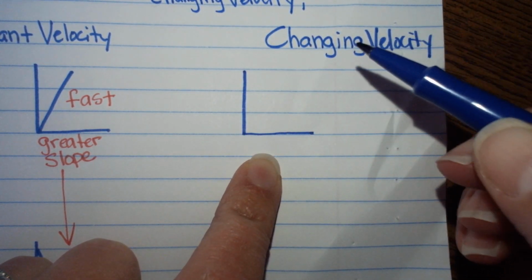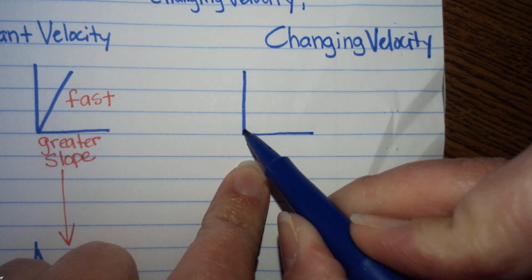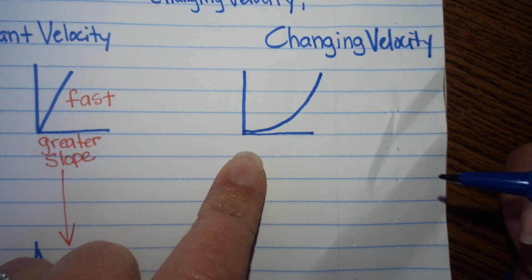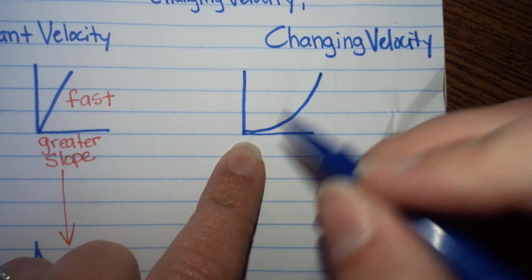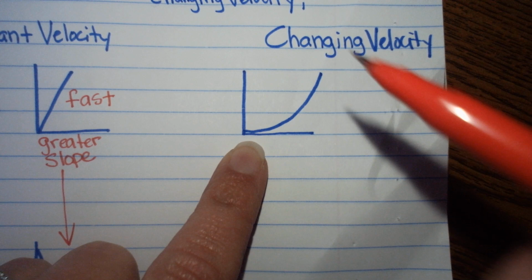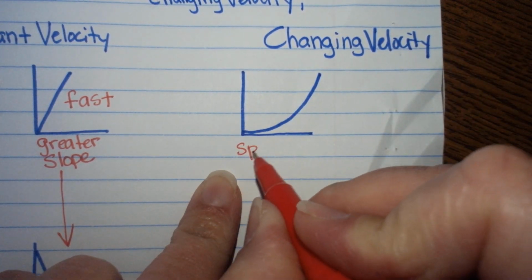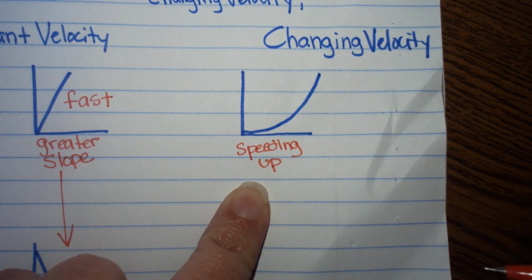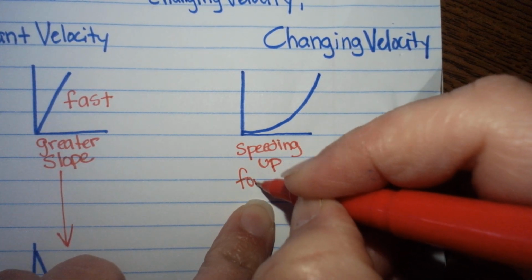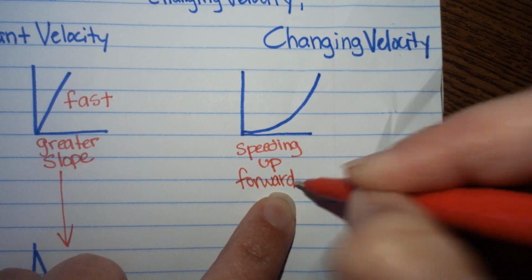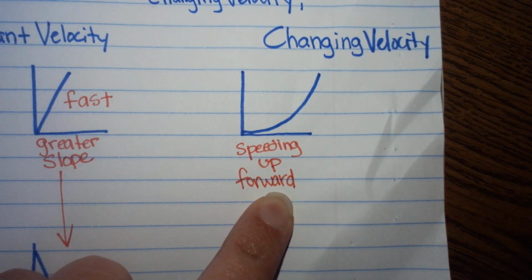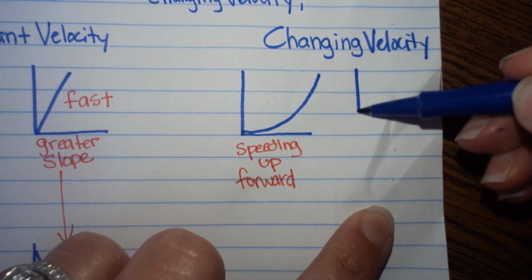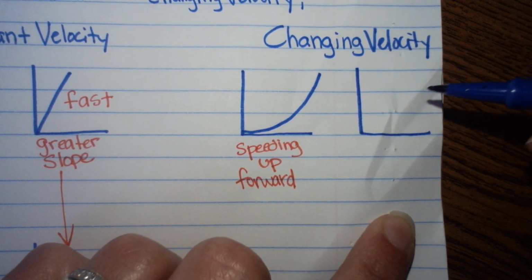So one of my forward graphs is going to look like this. Okay? Notice the curve. This graph shows that I am speeding up. And I'm going forward. Okay? Let's do another one.